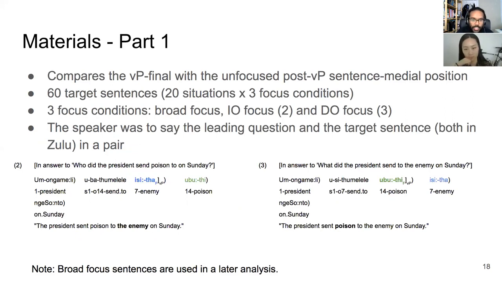What we're doing here is comparing the penultimate vowel length of, for instance, isita in 2, in which it's in the VP final focus position, with the penultimate vowel length of isita in 3, in which it's in the post-VP sentence medial position. So we're always comparing the penultimate vowel lengths of the same lexical item.